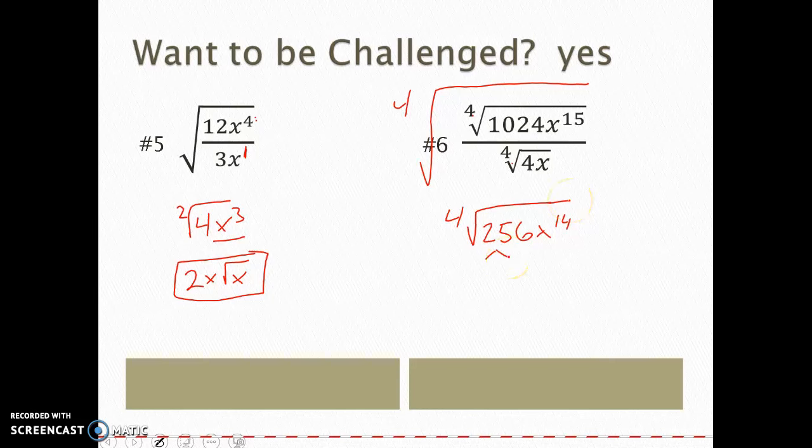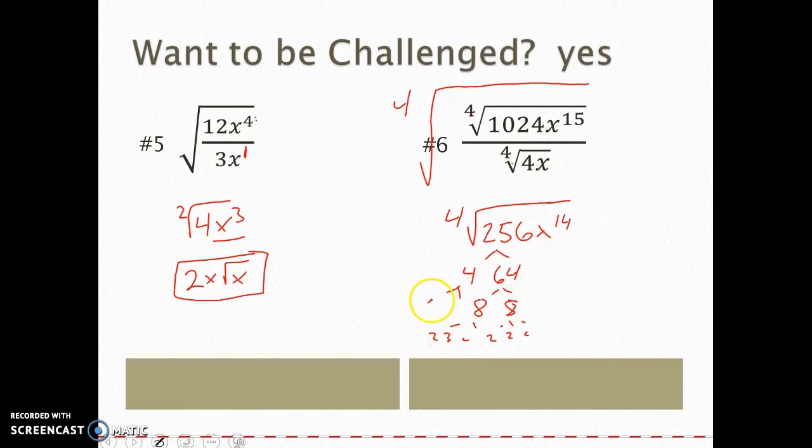So 256 divided by 4 is 64. And I know that 64 is 8 times 8. So that's 4. This 8, I'm just going to do it like this, is 2 times 2 times 2. This 8 here is 2 times 2 times 2.